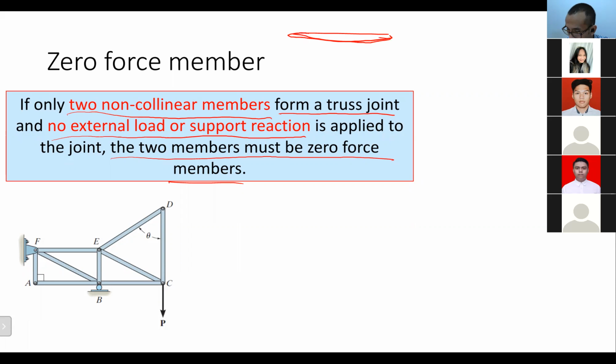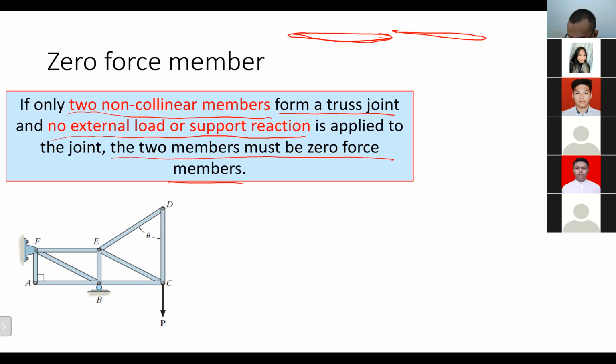Or is this something like BEC, sir? Like BEC? No, that one is not only two members, right? It consists of EC, EF, and FE. Also, like two truss joints that are not involved with each other. Is that what you mean?